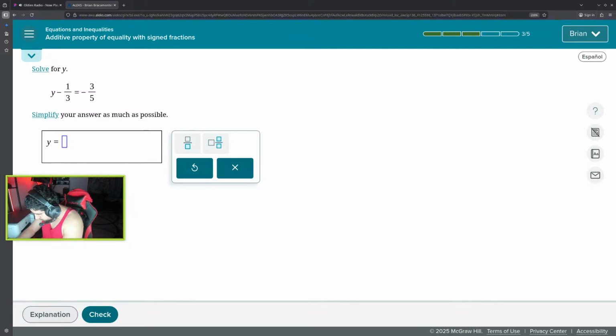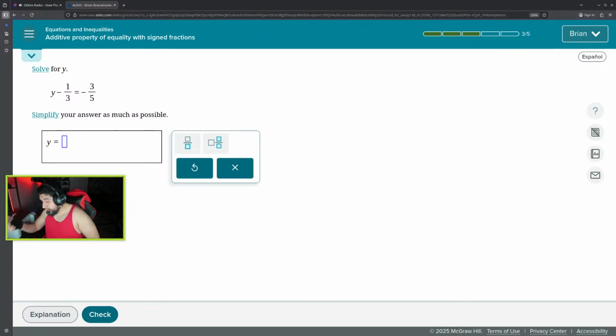Or actually we're adding because that's already a negative, so we're adding 1/3. Y equals... they both have to be converted to 15, right? Yeah, 15 is the closest common denominator. All right, and then 15 for the denominator.